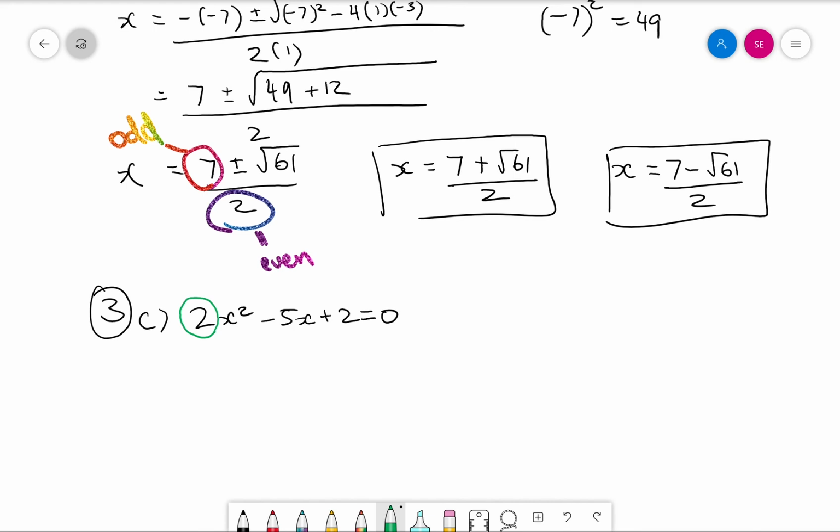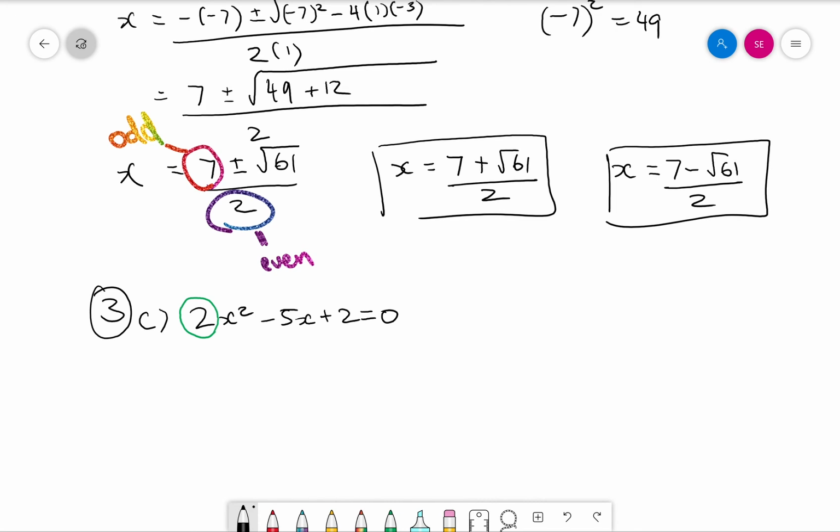It's kind of fine when it's just a 1. It's a little bit easier to factorize, but when we have a 2, it makes it a whole lot more complicated. In I don't know how many years I've been doing maths, I've very rarely factorized equations myself when they have a number bigger than 1 in front of x squared. I normally just use this quadratic formula we're using.